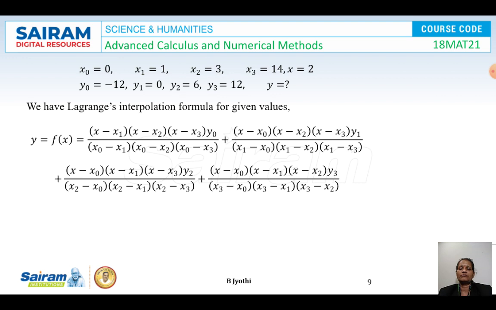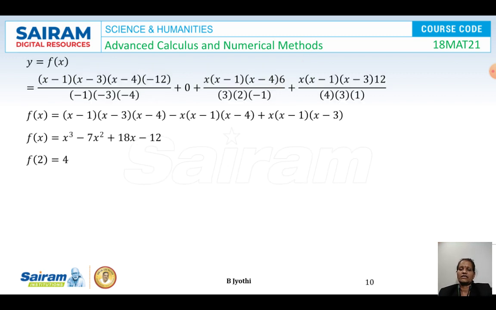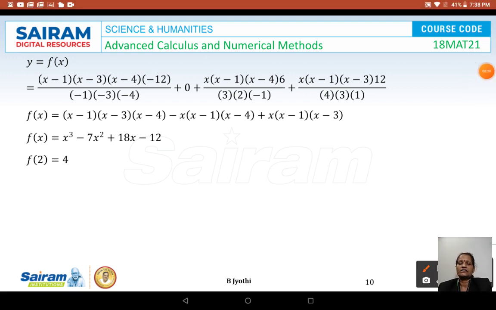Now let us substitute the values of x0, x1, x2, x3 and y0, y1, y2 and y3, and the x value will not be substituted as 2 because we need to get a polynomial first. We can see here y equals f of x, where x value is 2, but it is not substituted because we wanted a polynomial of x.